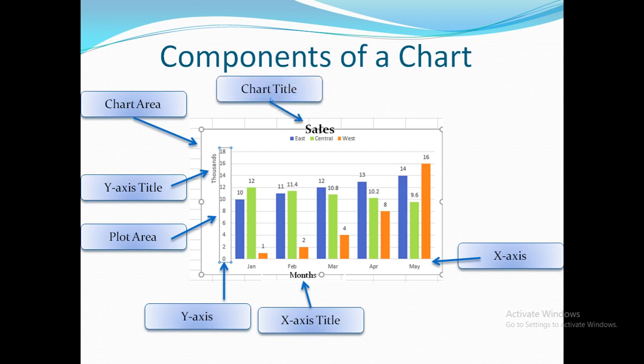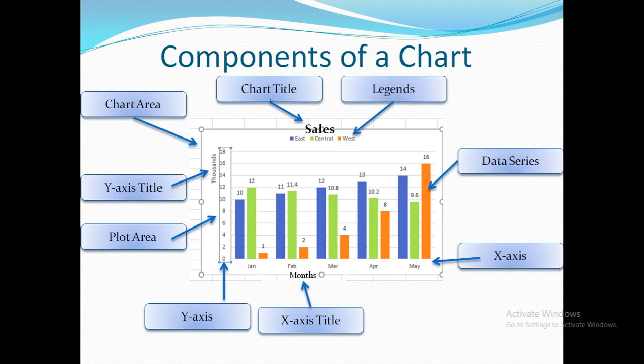The next component is the chart title. It is the heading of a chart. Generally, a title is placed at the top of the chart. Then comes data series. It refers to the lines, bars, slices or other elements that represent the data values. So over here we have orange, green and blue lines.